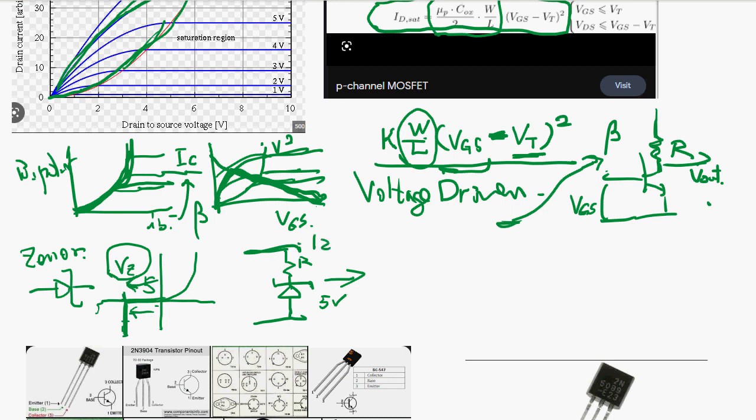Say this is 12 volts, then 12 minus 5 divided by R is going to be the current here. Okay, so it insists on the 5 because this slope is so sharp. It stays at 5 volts.